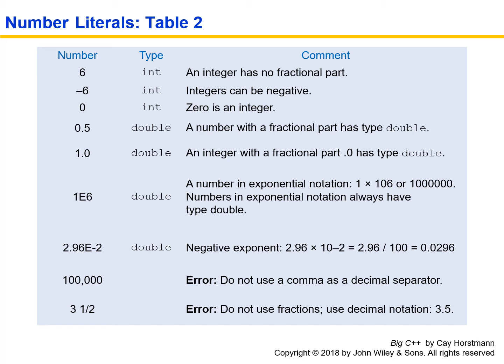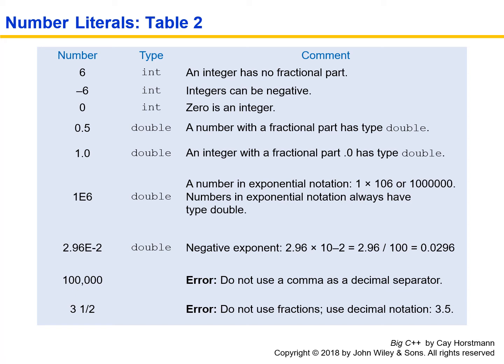Even if the thing after the decimal point is a 0, C++'s bias is to make that a double. If it has an exponential in it, an e, it's going to be interpreted as a double. So 1e6 is actually an integer, 1 followed by 6 zeros, but because of the way we specified that as 1e6, it's going to be interpreted as a double.